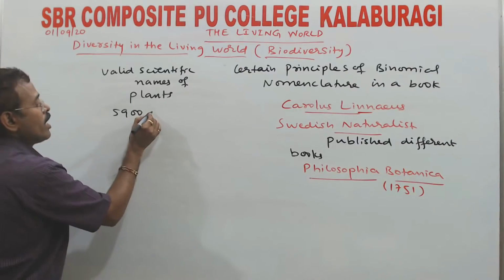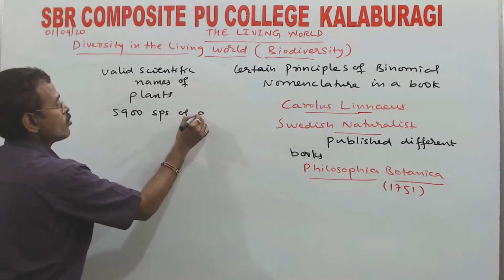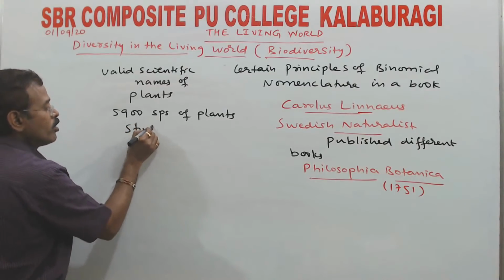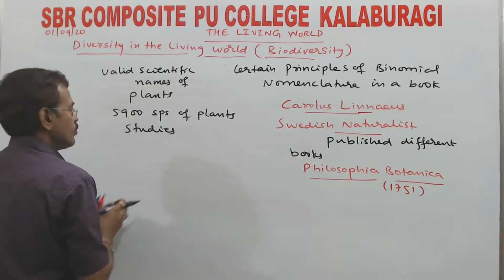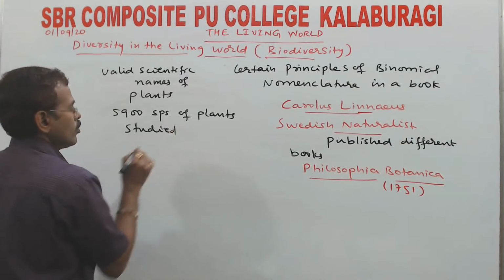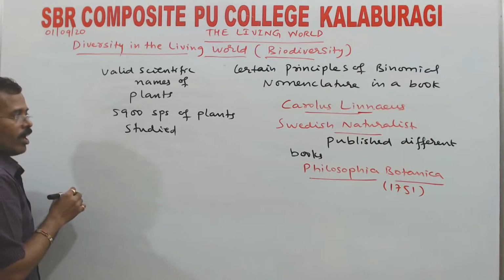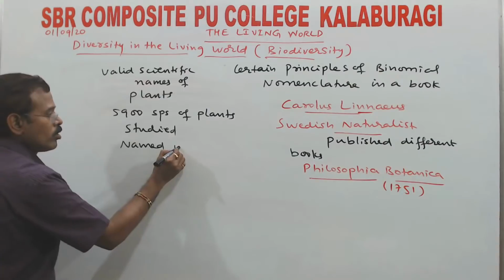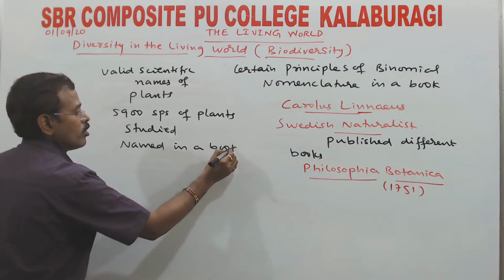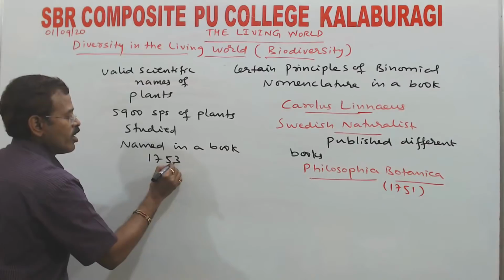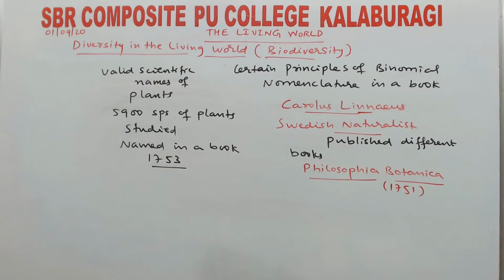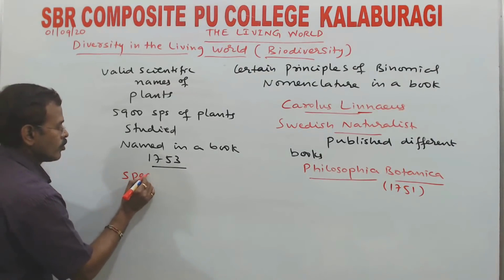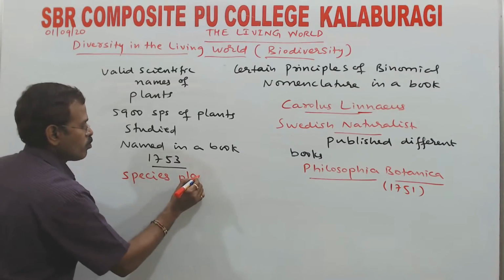Around 5,900 species of plants he observed, studied, and named in a book published in the year 1753, named Species Plantarum.